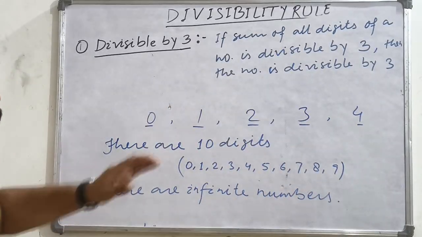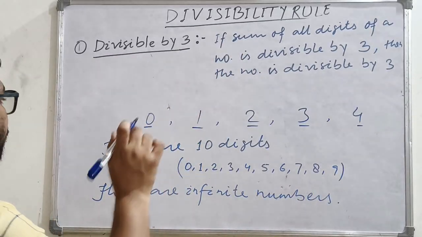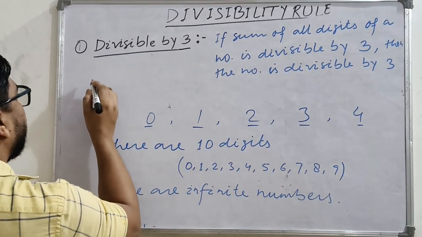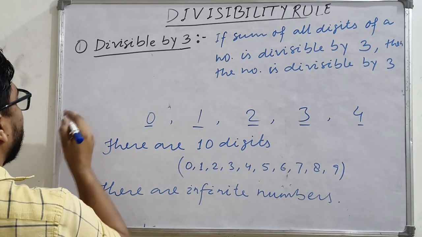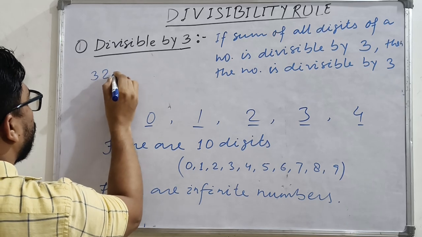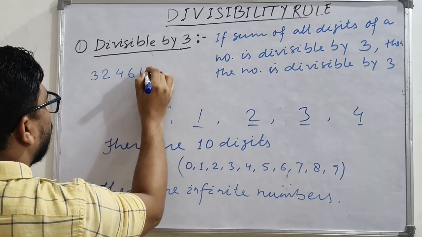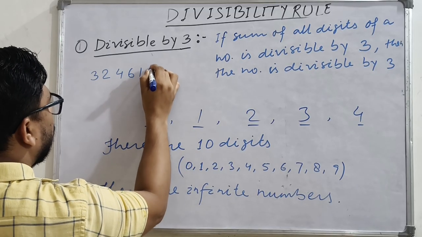So remember, if the sum of all digits of a number, suppose any number is given, suppose the number is 3, 2, 4, 6, 1 and 5.